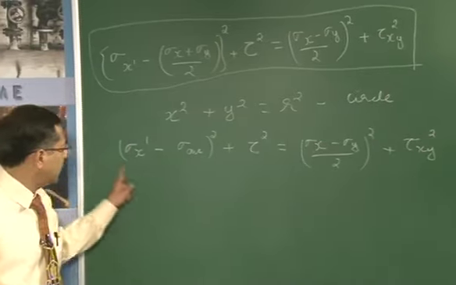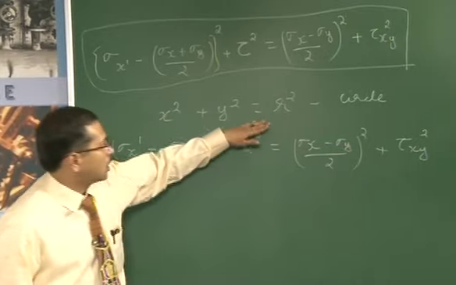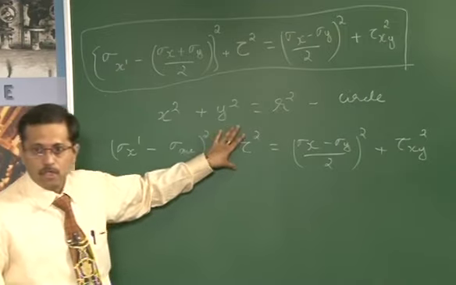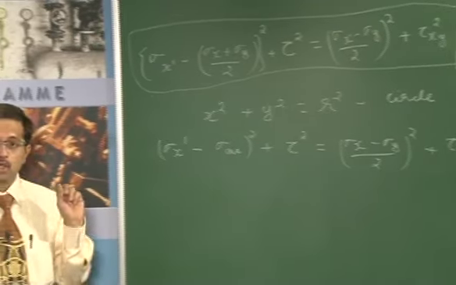So this equation is similar to the equation of a circle, and we can use these terms to get the Mohr circle.